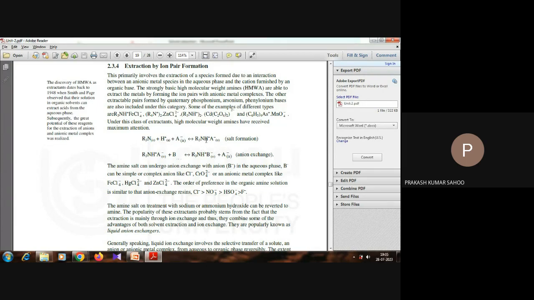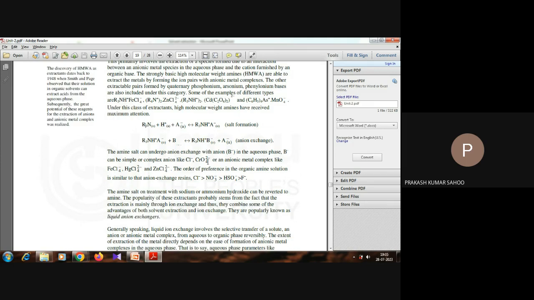Then this salt is added to B, where the A minus is exchanged, and this will be anion exchange. Through this process we can also separate solvents; that is ion pair exchange, and this example is the anion exchange process.